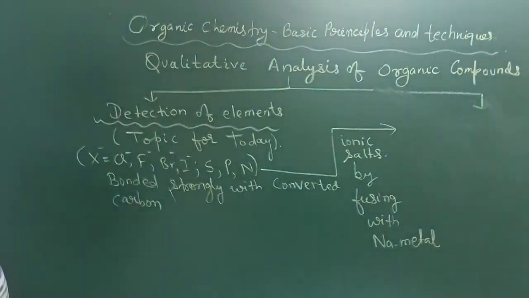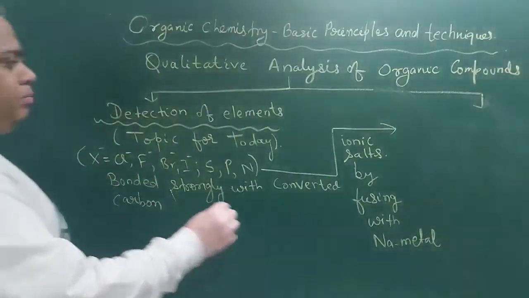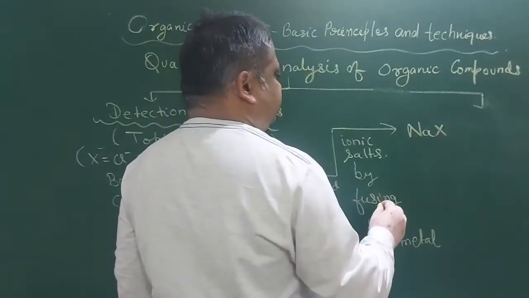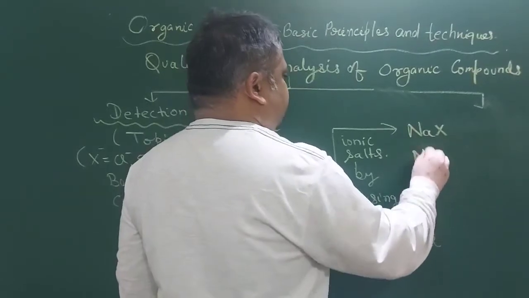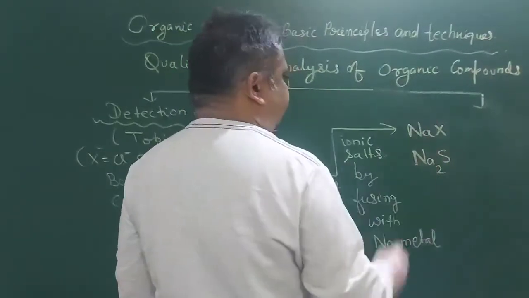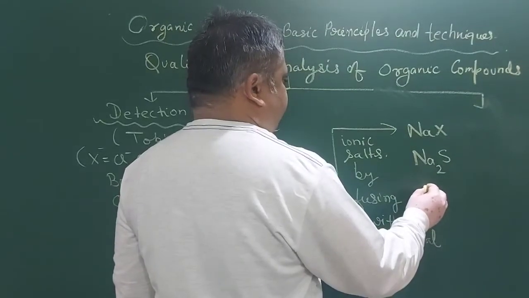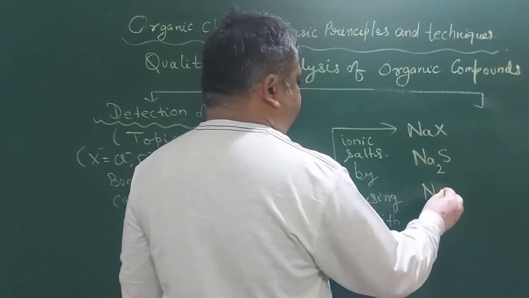When you fuse them with sodium metal, halides will form NaX, sulfur will form sodium sulfide, phosphorus will form sodium phosphate.